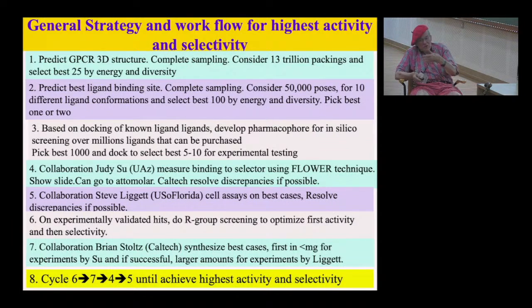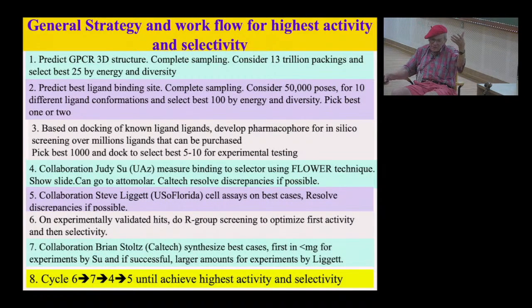We bind it using this Darwin dock procedure to these 25 structures. And then from the docking of this ligand, we get a pharmacophore. So that's salt bridge here, hydrogen bond there, aromatic hits here, aliphatic there. Usually it'll be about 6 sites in the pharmacophore. Then we can go through up to 160 million ligands to discover ligands that might like that site.